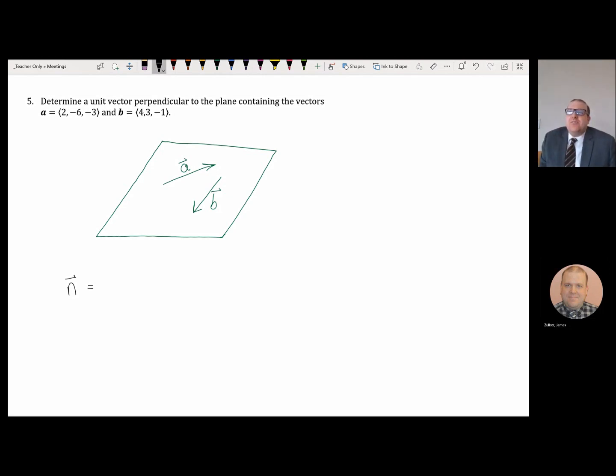Does it matter if we do A cross B or B cross A? Why? The only thing that's going to change is the direction of the vector. It'd either be coming out of the plane or into the plane.